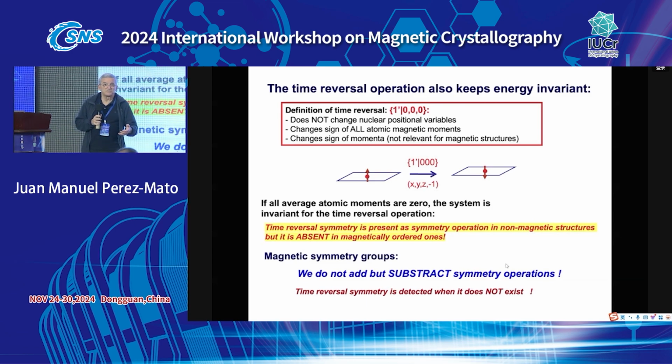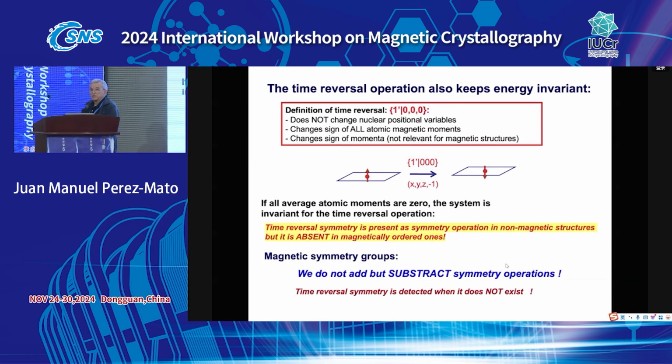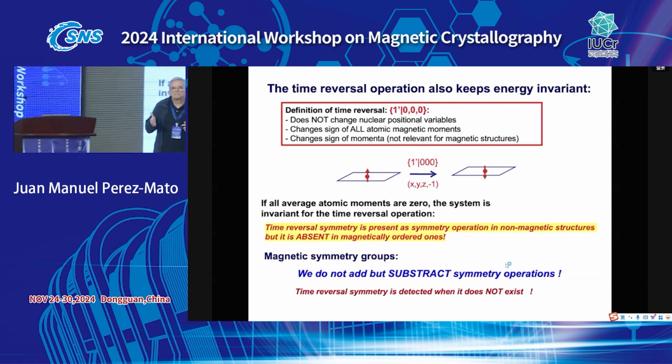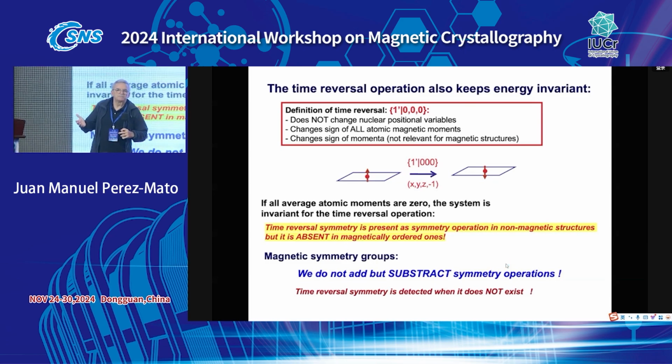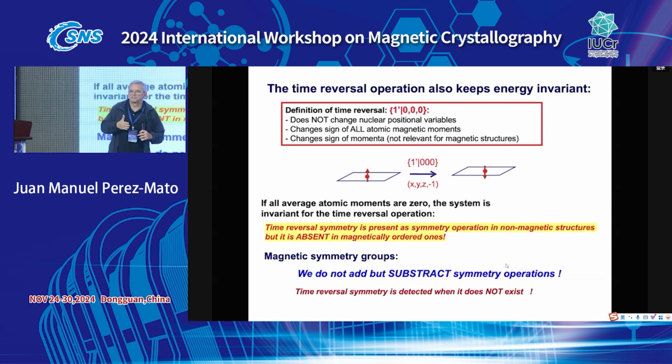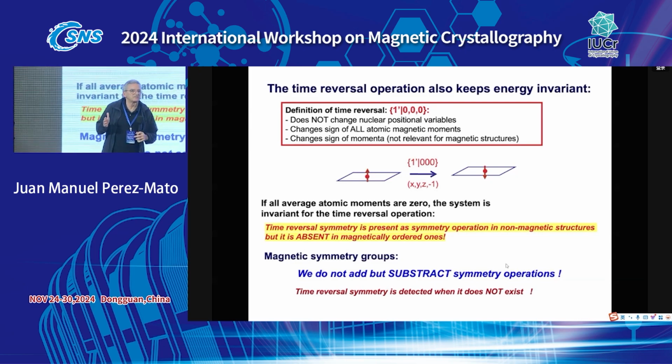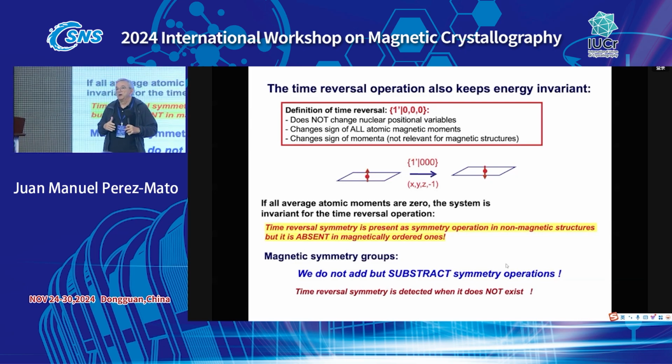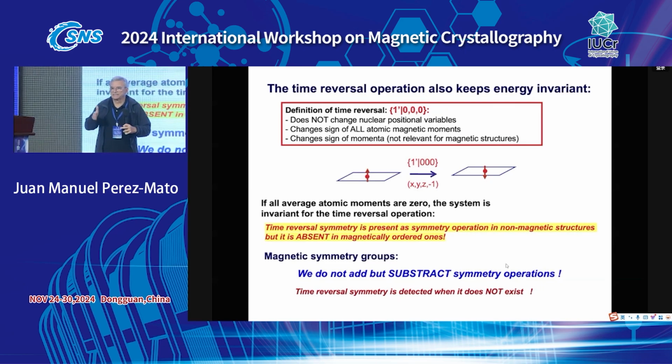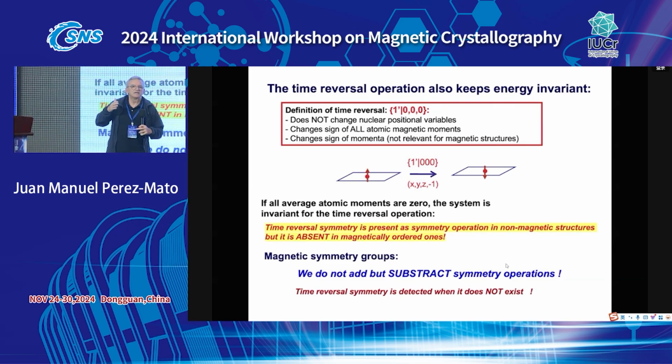So it is part of the symmetry of your non-magnetic structure. But we don't use it, because all the structures that do not have magnetic ordering have time inversion all the time present there. So we talk about space groups, and in a space group the time reversal operation does not appear at all. But it does not mean that it does not exist. It is there, but we don't use it, and we forget about it.